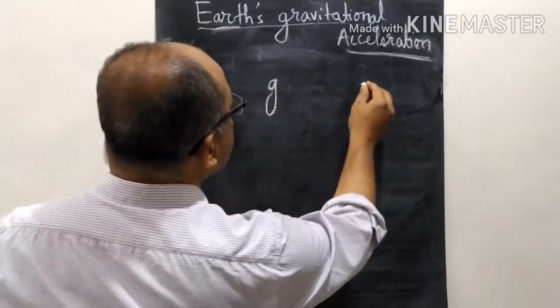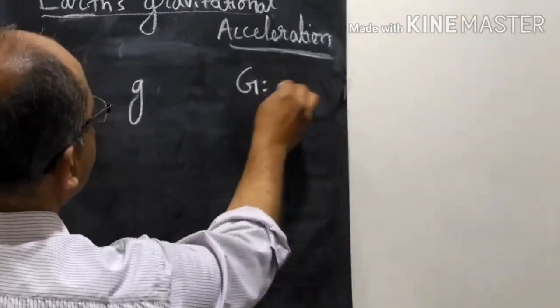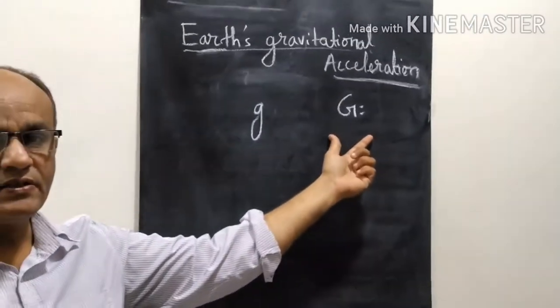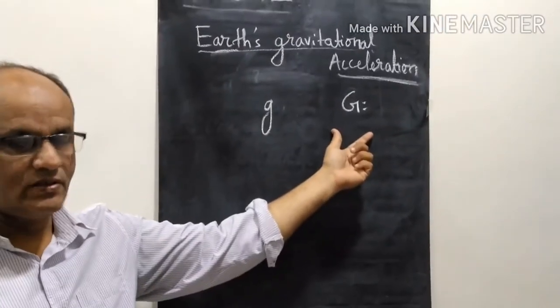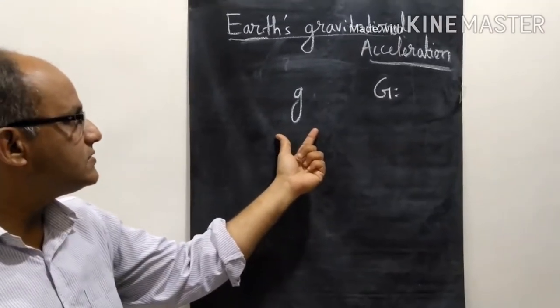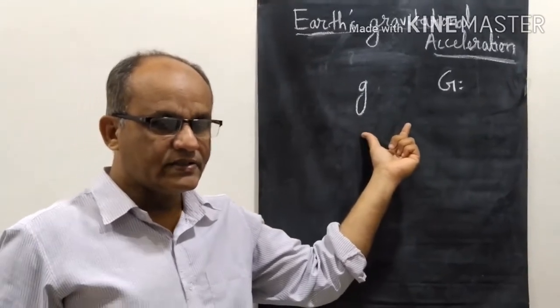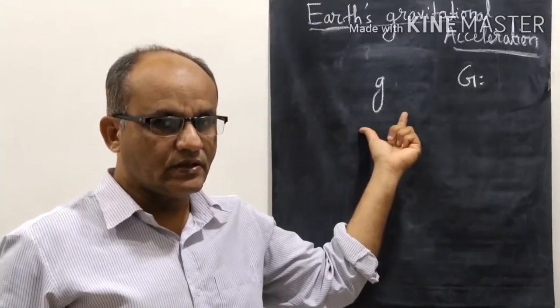We have also seen capital G. If you remember, what is capital G? Capital G is the gravitational constant, and small g is the acceleration due to gravity. This acceleration, small g, is a vector quantity.